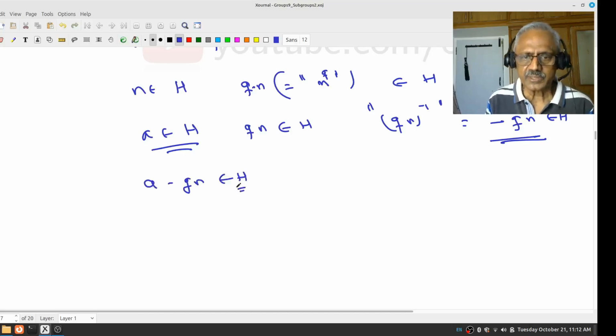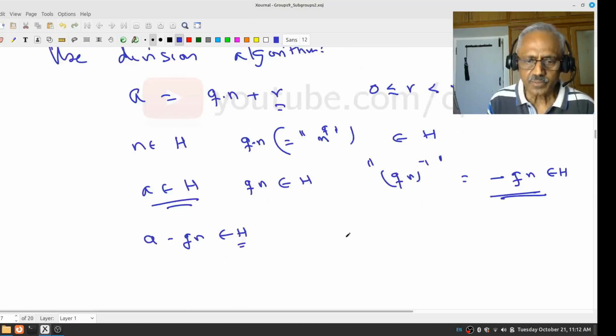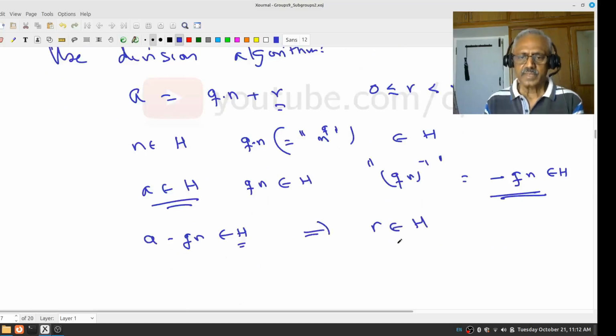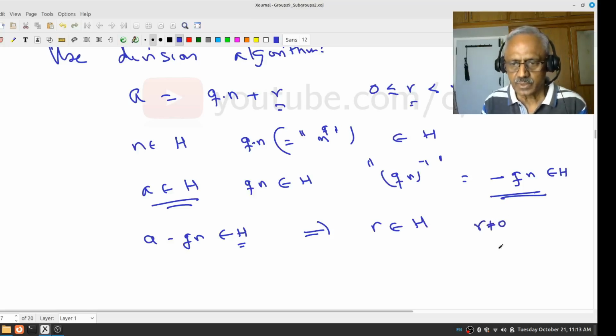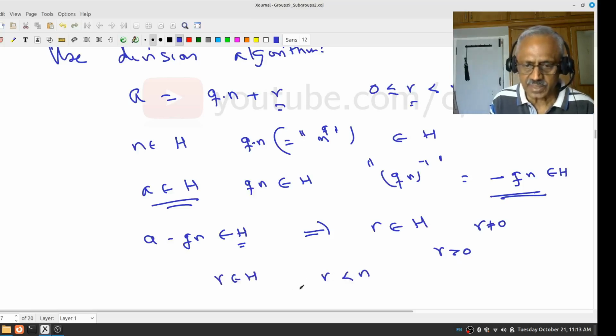But what is a minus qn? a minus qn is r. Therefore, this implies r belongs to H, right? Now, notice that r is non-negative. Suppose r is not equal to 0, then r is positive. And r belongs to H, and r is strictly less than n and also positive, right?